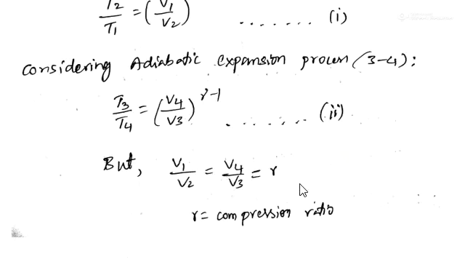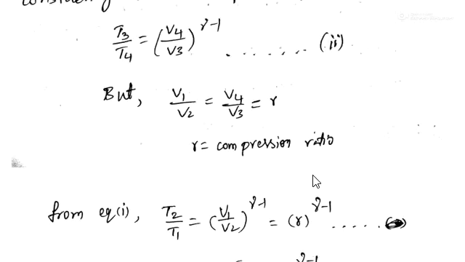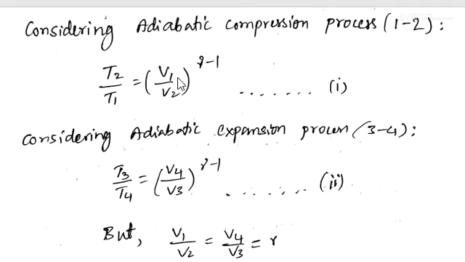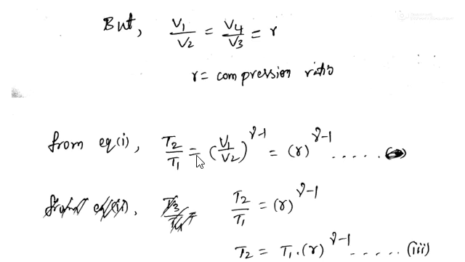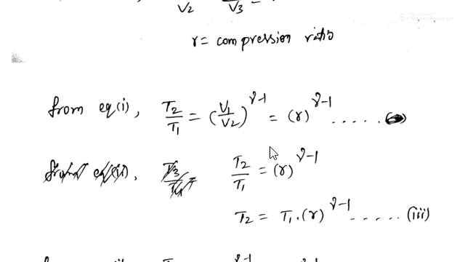This ratio is the same, and let us take it as R, which is the compression ratio. From equation number 1, T2 by T1 equals (V1 by V2) to the power gamma minus 1, and since V1 by V2 is R, you can write T2 equals T1 into R to the power of gamma minus 1.